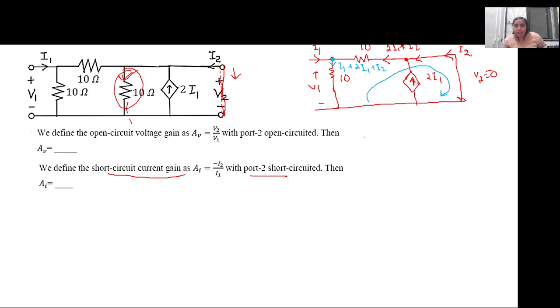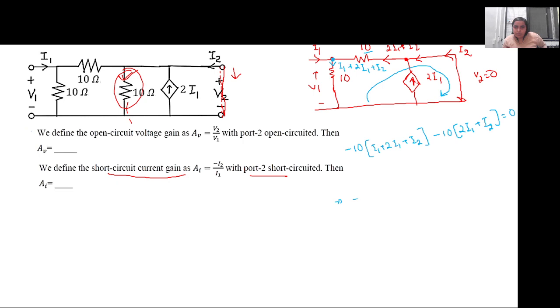So it will be minus 10 into I1 plus 2 I1 plus I2. Then going through this 10 ohm resistance, it will be minus 10 of 2 I1 plus I2, and there is nothing else in the circuit, so this will be equal to 0.